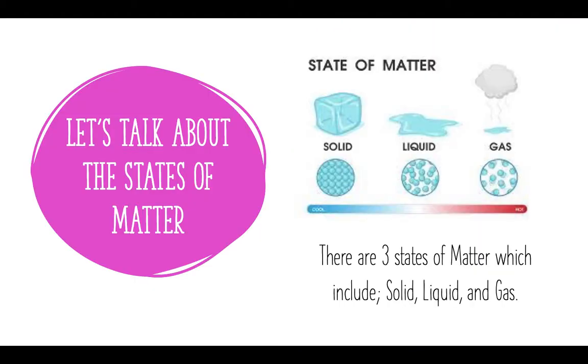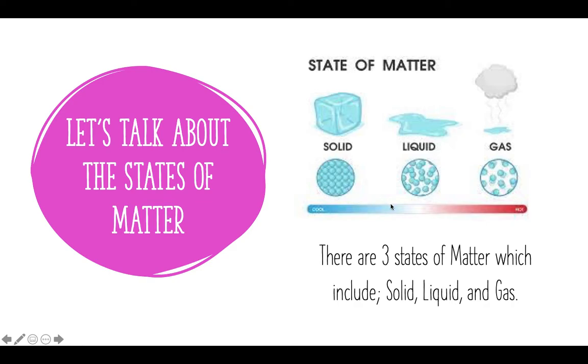We're going to talk about the states of matter. There are three states of matter, which are solid, liquid, and gas. I really like the picture on this slide. I would pay close attention to it because you might refer back to it later. It shows the particles. For a solid, the particles are very tightly packed together.